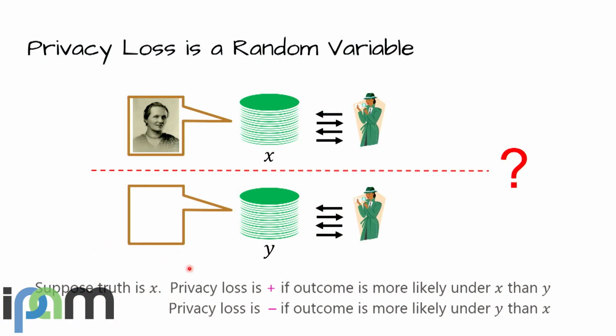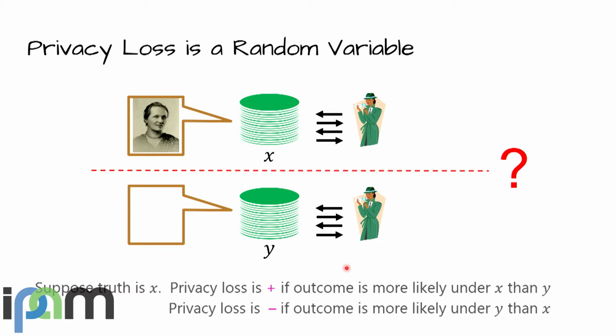So again, suppose that the real database is X. Then if we run it and we get an outcome that has a higher probability on X than on Y, since X really is the truth, that turns out to be what we call a positive privacy loss.